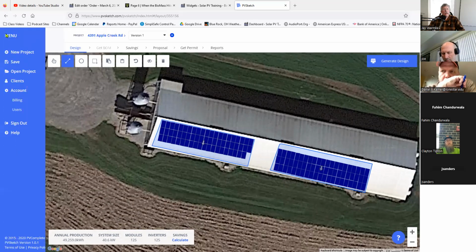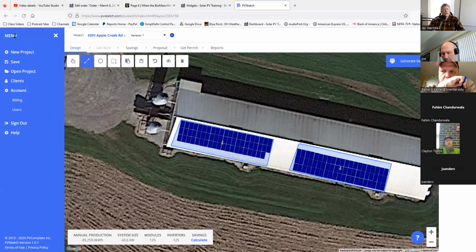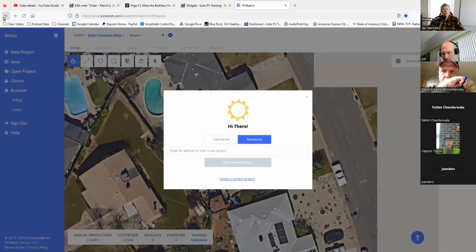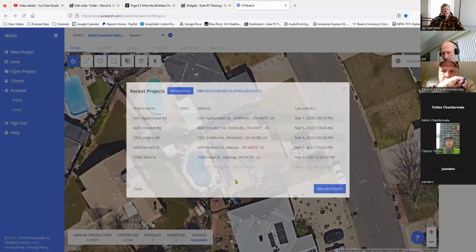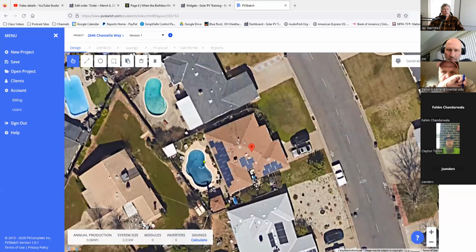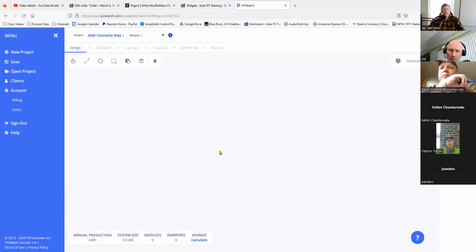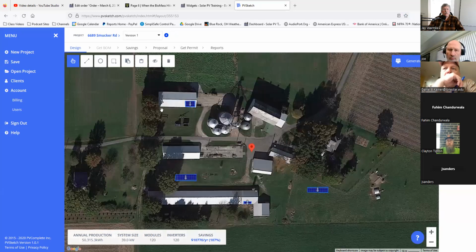If I go back out here, this one was one that I didn't finish, but you can see a design here. I'll jump back through the proposal. This was one that actually had 4 arrays on the site.